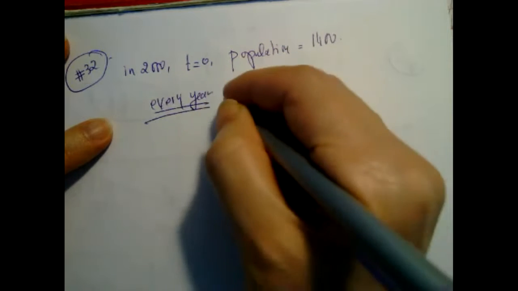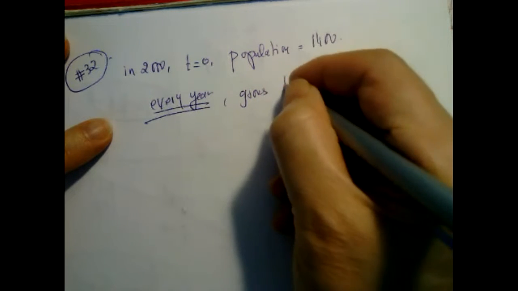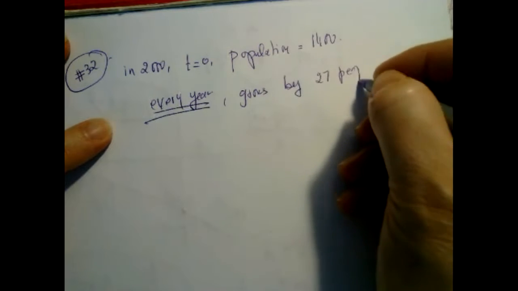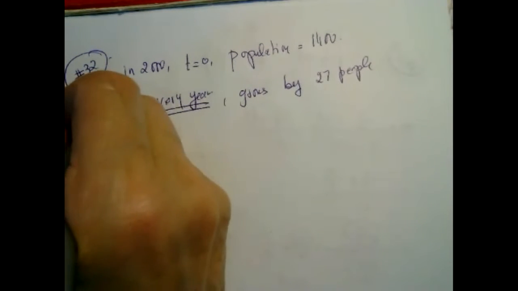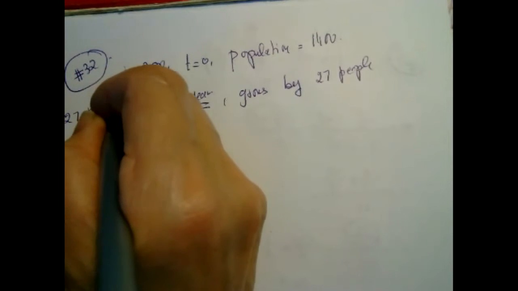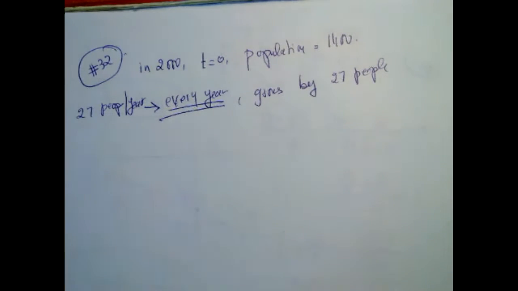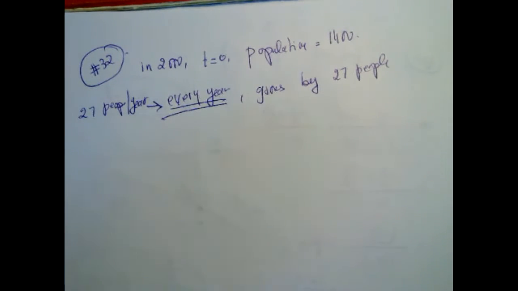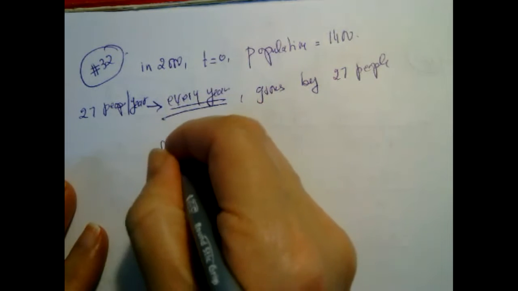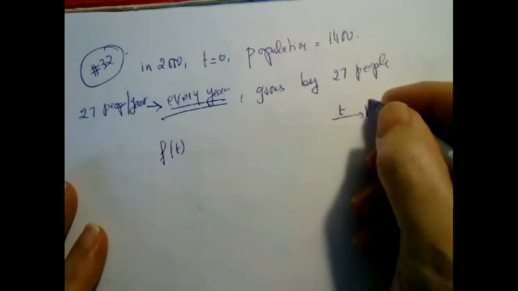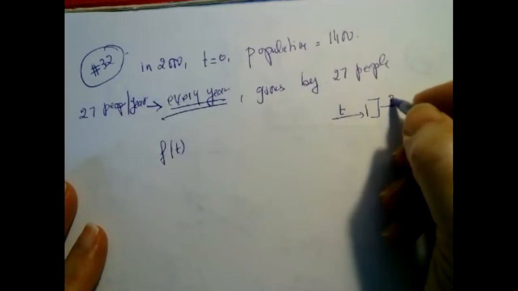And every year, at a constant rate, it grows by 27 people. So 27 people per year, we interpret it as every year it grows by 27. And F of T is the function that, when we give it a time, gives you the population at this time.